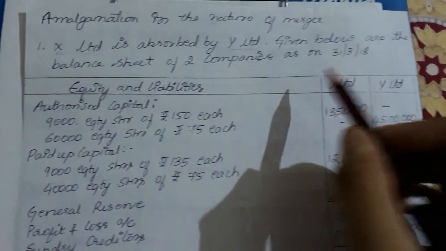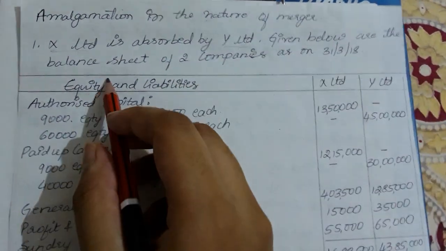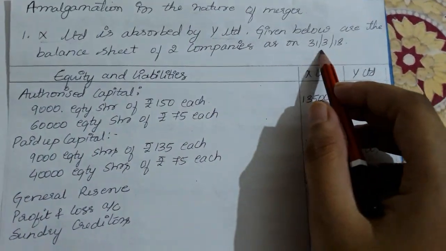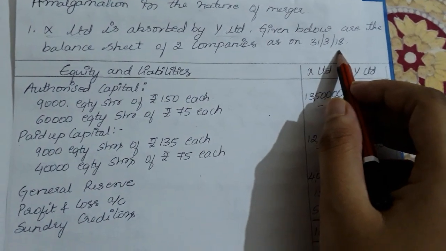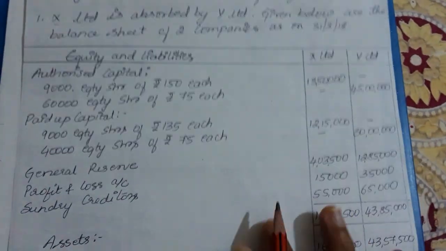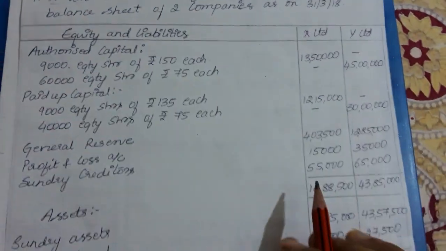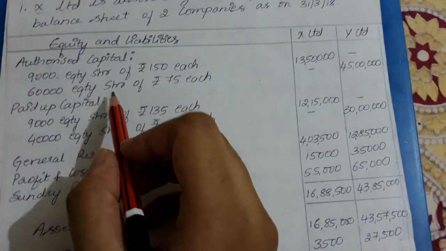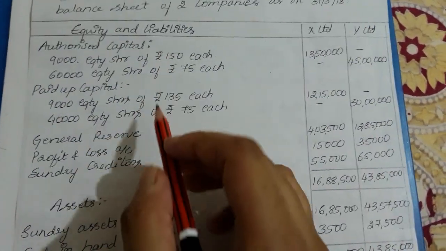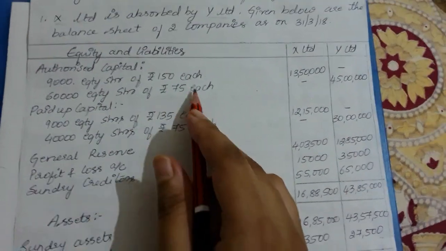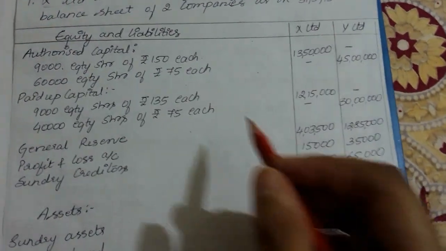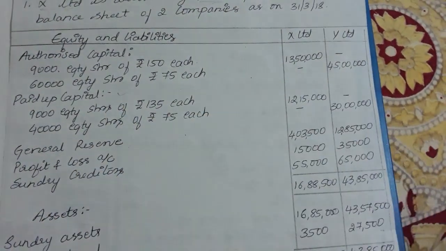Given below are the balance sheets of the two companies as on 31st March 2018. They are given the balance sheets of X and Y Limited, with authorized share capital and paid up capital. When both are given, you always consider the paid up capital.